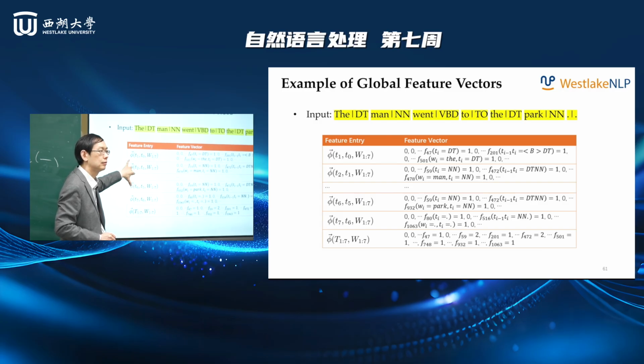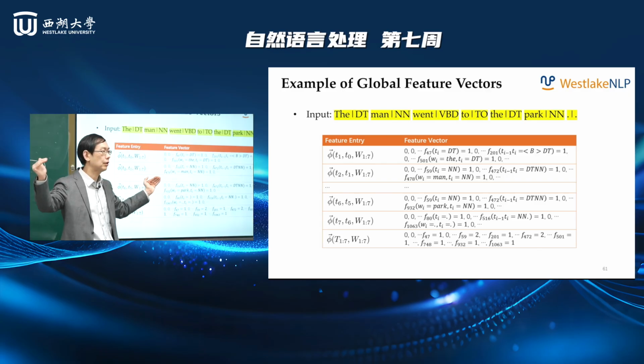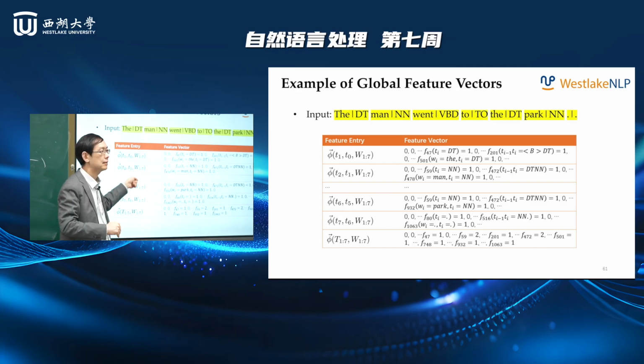And then what did I do? Look at the previous slide. I summed them up together to arrive at the global feature vector. That's what I did. In other words, does the feature vector length increase? No, it doesn't increase, right? Then what increased? The feature instance counts, the non-zero counts increased, right?